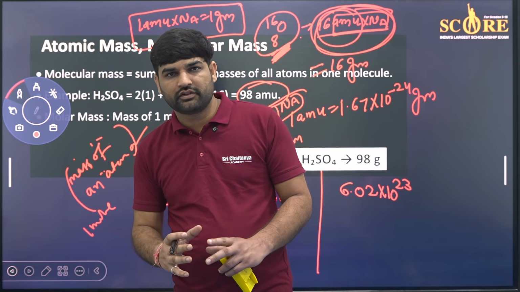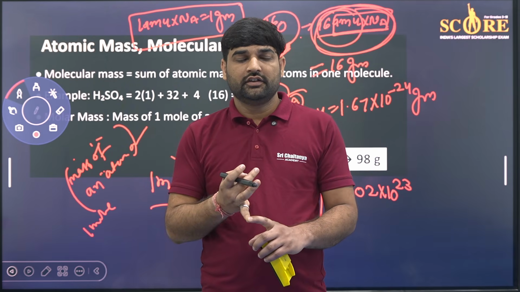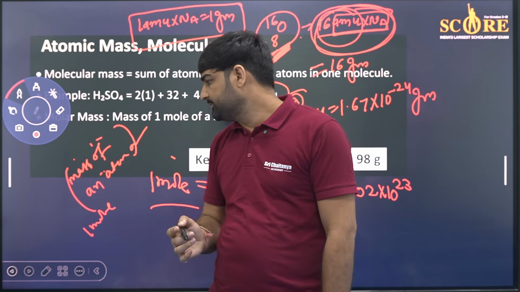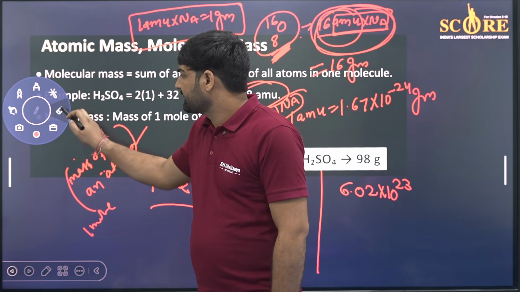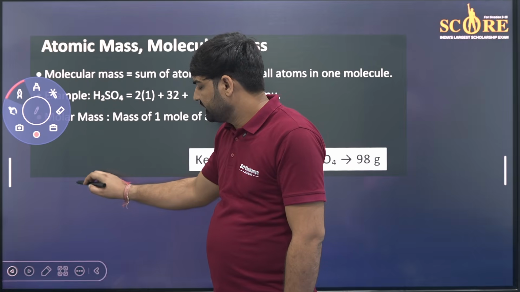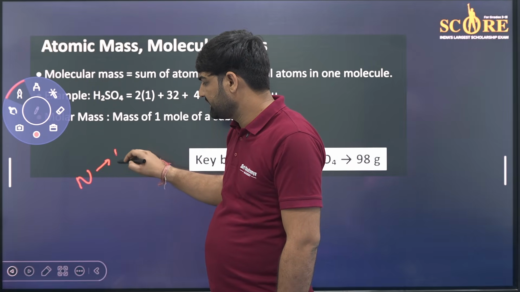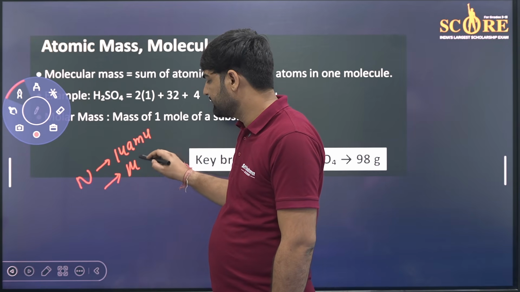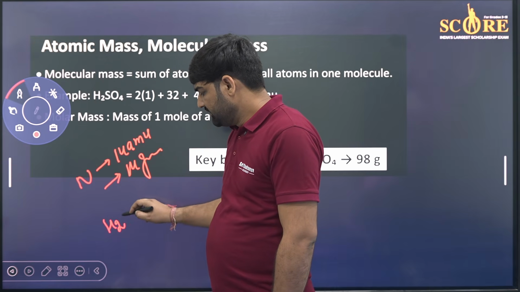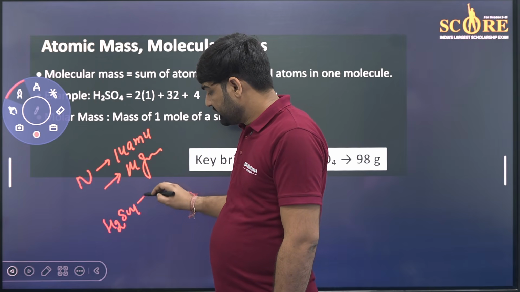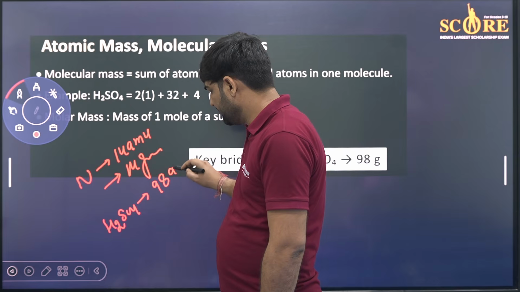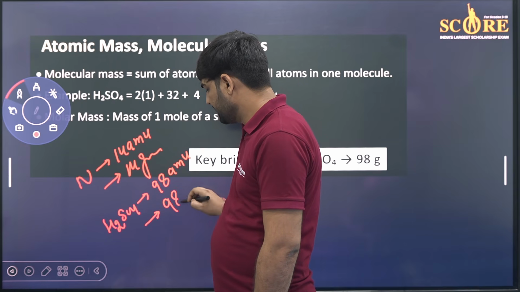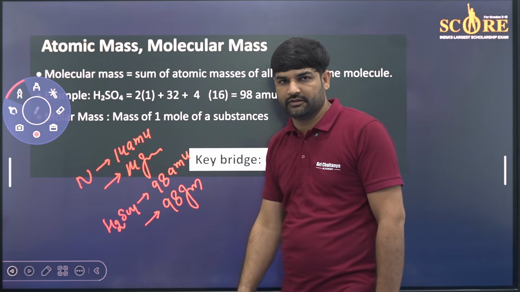Finally, I want to conclude: if you have a single nitrogen atom, then you have mass 14 AMU. If you have 1 mole of nitrogen atoms, then you have mass 14 gram. If you have a single H2SO4 molecule, then 98 AMU will be the mass. And if we have 1 mole, then mass of H2SO4 is 98 gram.